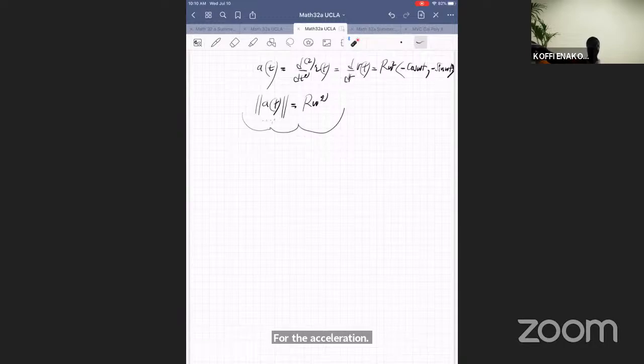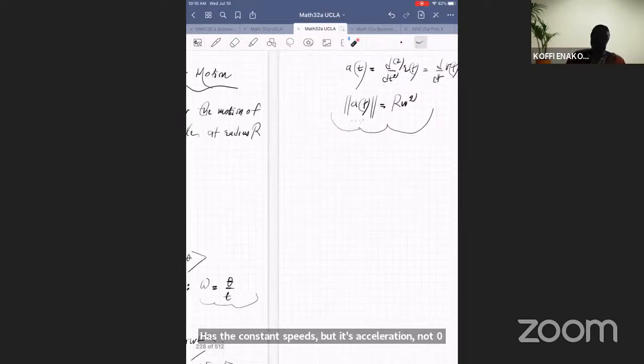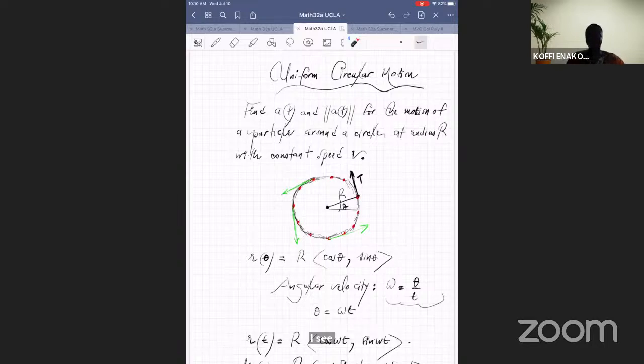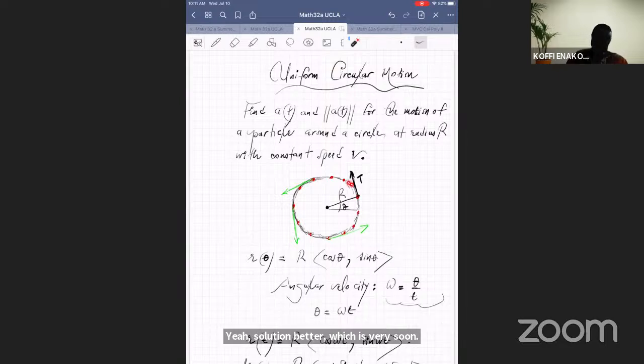So we can see that this motion, the one that I just described, has a constant speed, but its acceleration is not 0. As a matter of fact, we'll be seeing later when we learn the decomposition of the acceleration vector, which is very soon, that all the acceleration becomes centripetal, and the tangential component of the acceleration, the one in the decomposition with respect to the unit tangent, will be 0.